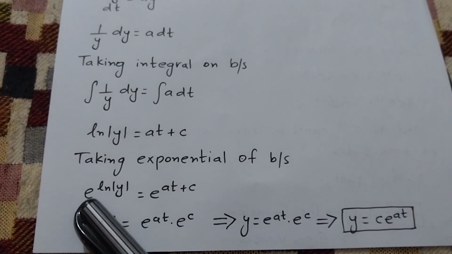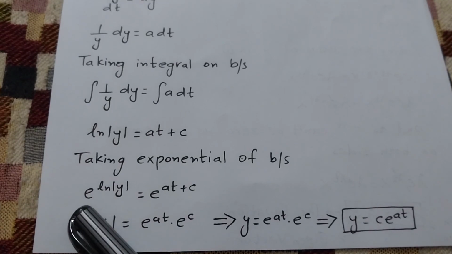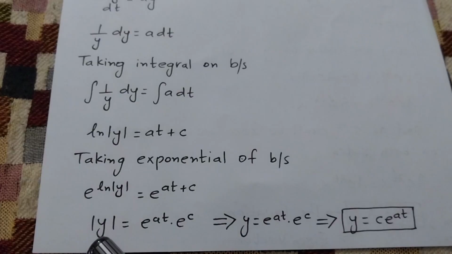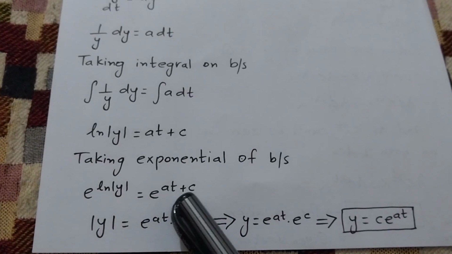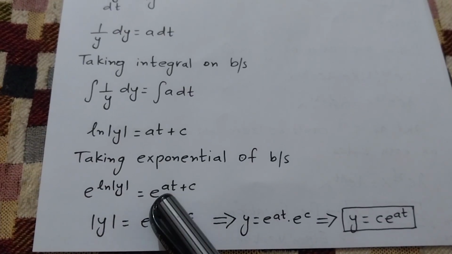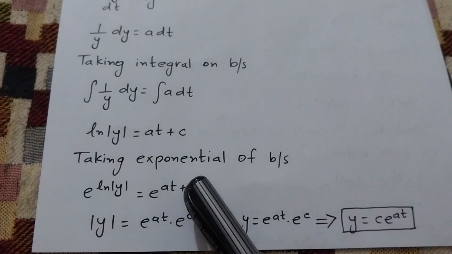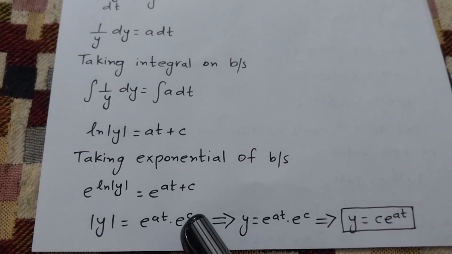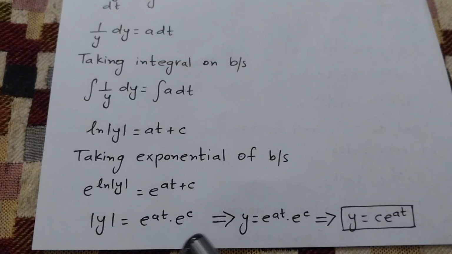So e and natural log basically cancel out the effect of each other. So we are left with absolute value of y is equal to e raised to power at plus c. And according to laws of exponentials, we can write this as e raised to power at into e raised to power c.